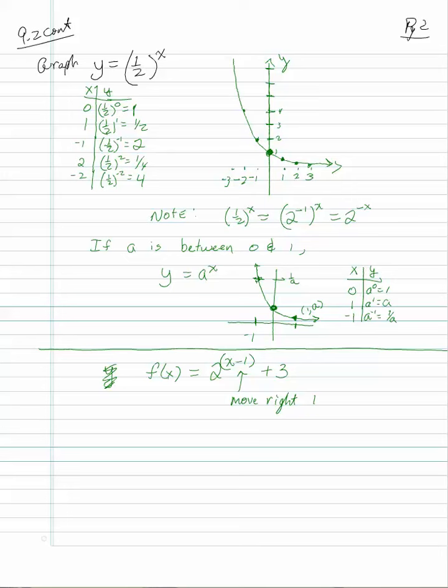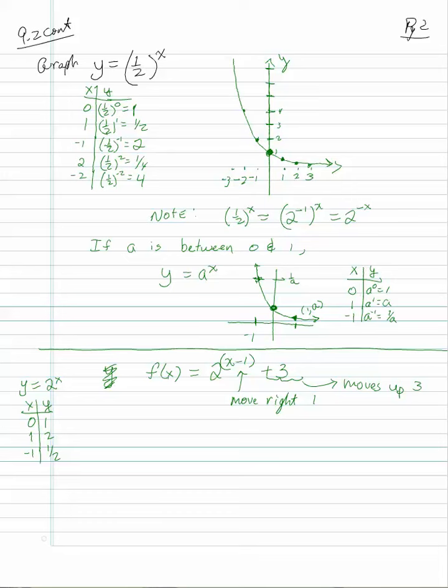And then the plus 3 at the end moves it up 3. So I'm going to take my base graph, y equals 2 to the x, which is 0, 2 to the 0 is 1, 2 to the 1 is 2, 2 to the negative 1 is 1/2. And I'm going to pretend the origin is moved to right 1, up 3.